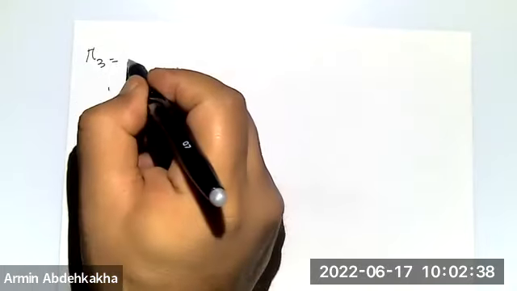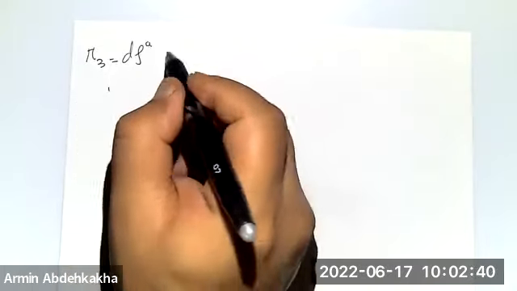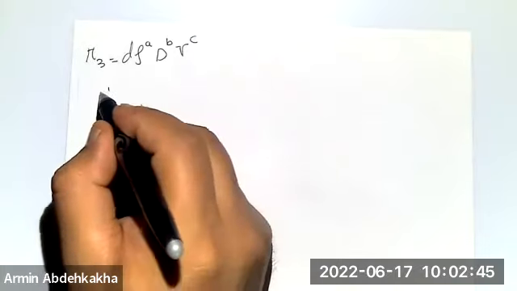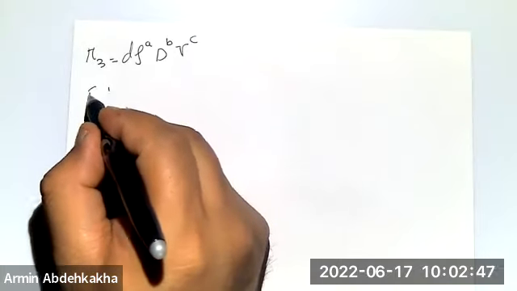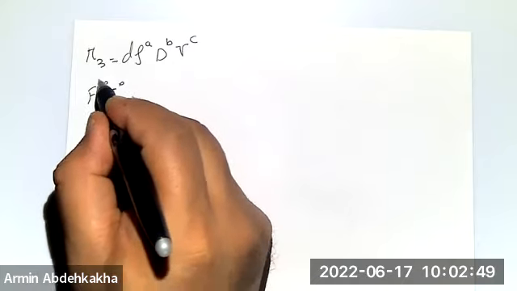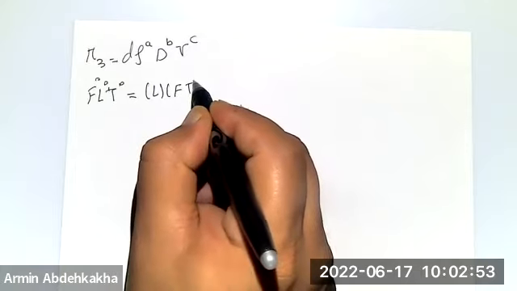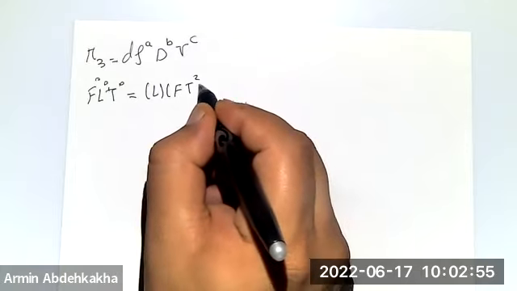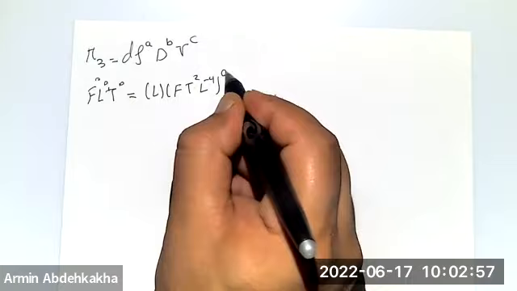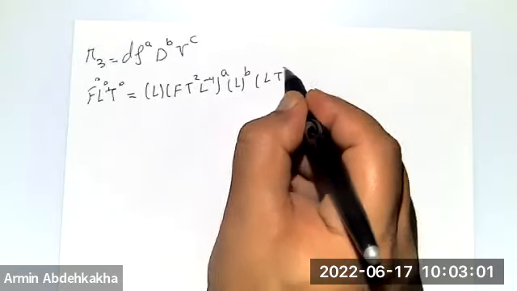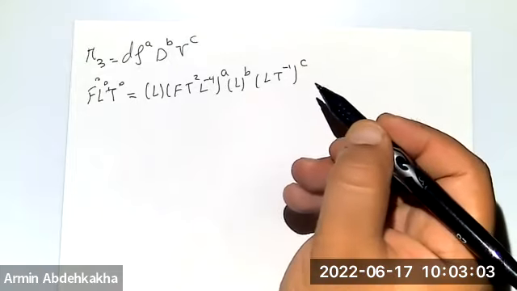Pi 3, d, rho a, d b, v c. Okay, so F L T is equal to L, F T squared L minus 4 to the power of a, L to the power of b, and L T minus 1 to the power of c.